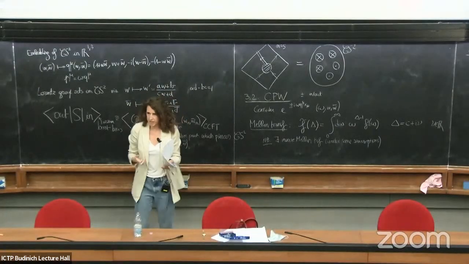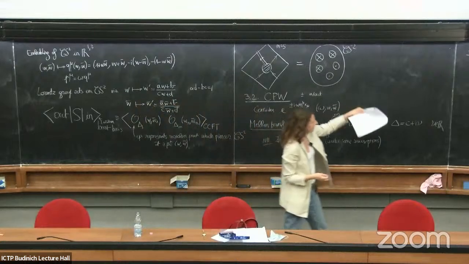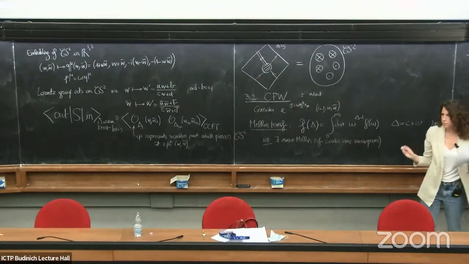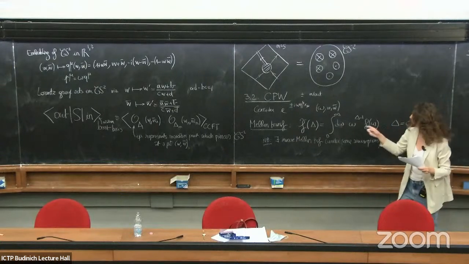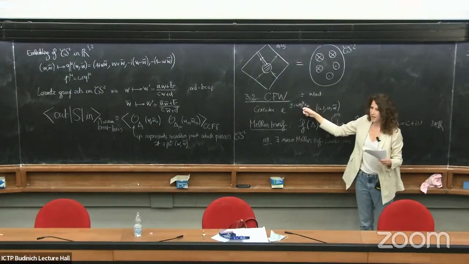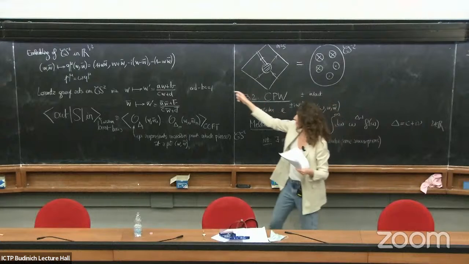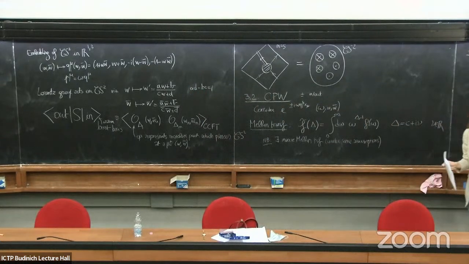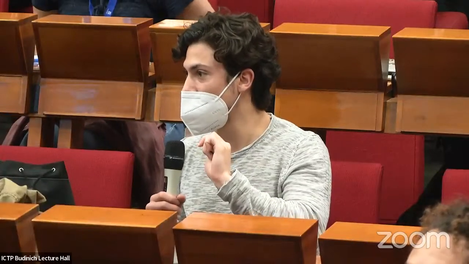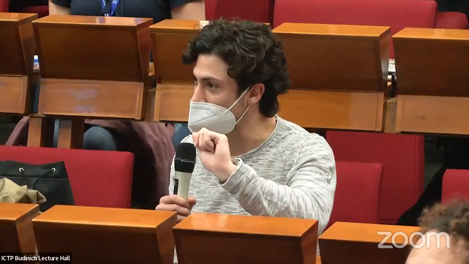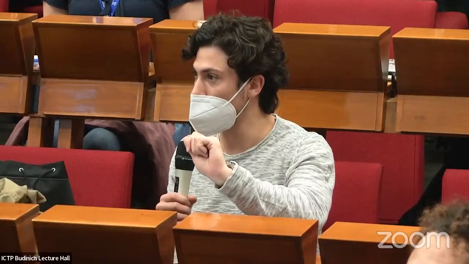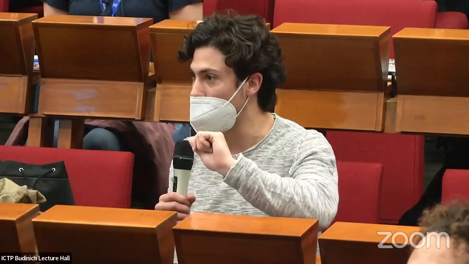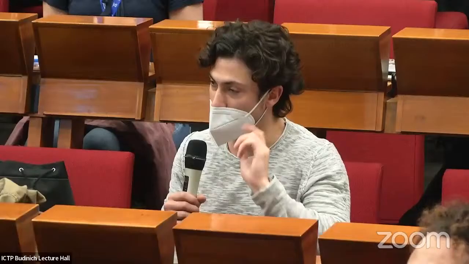Okay, so it's the same stuff, but now in this basis. It's just that we are not used to writing the null momenta like so. Okay, so the W is the large distance limit of the dual variable of X. Yeah, exactly.